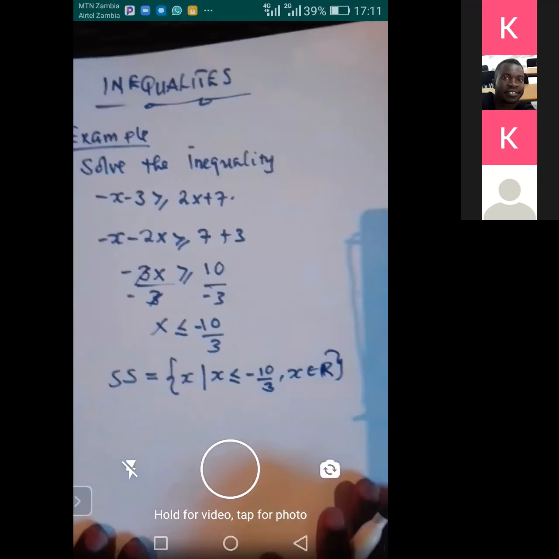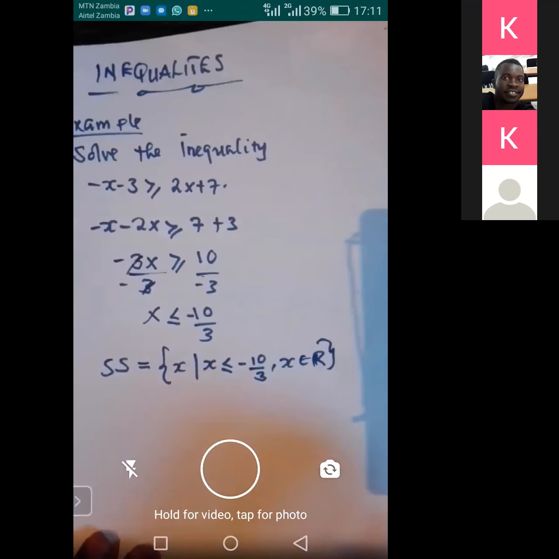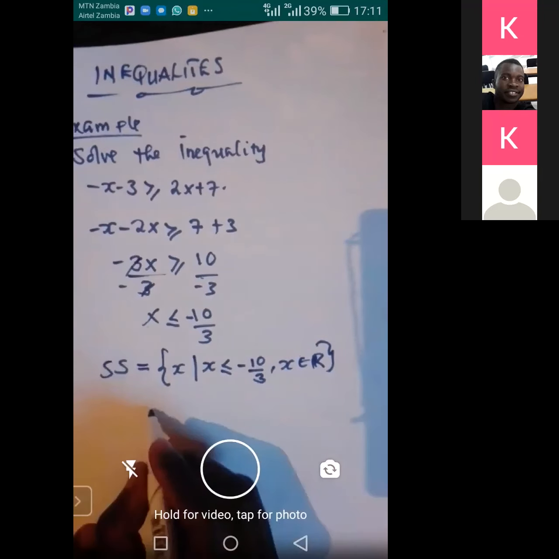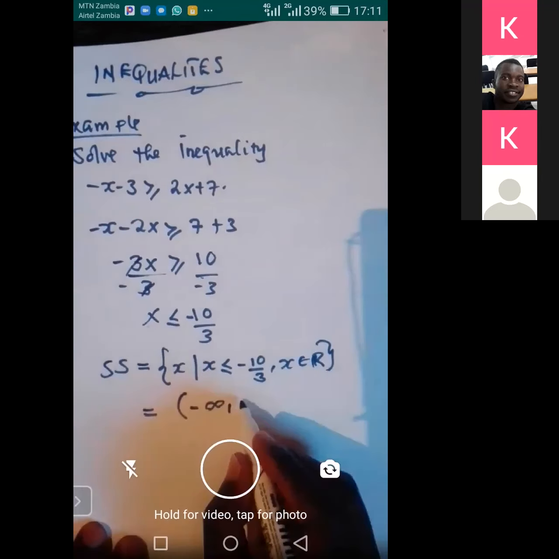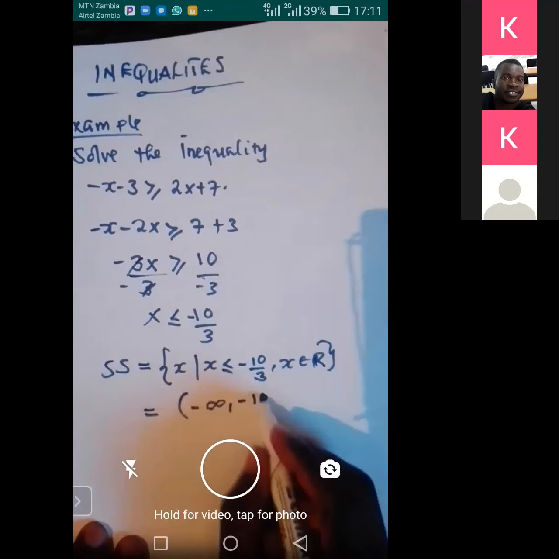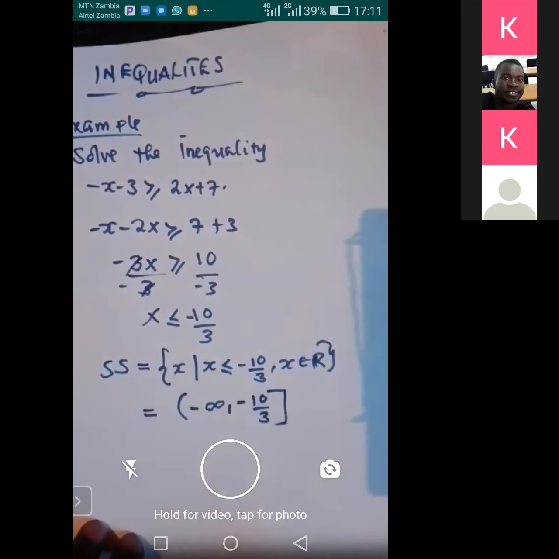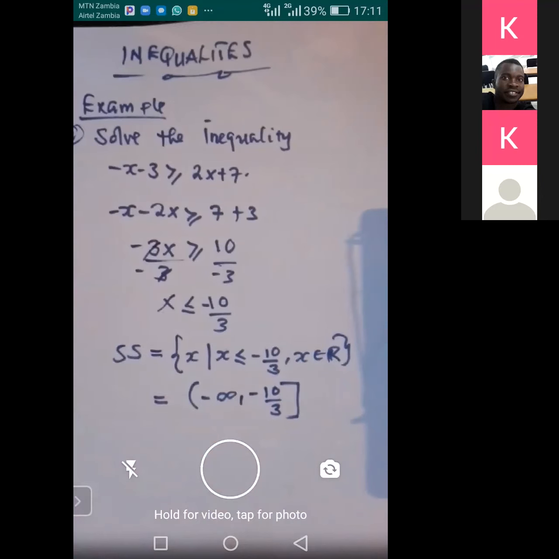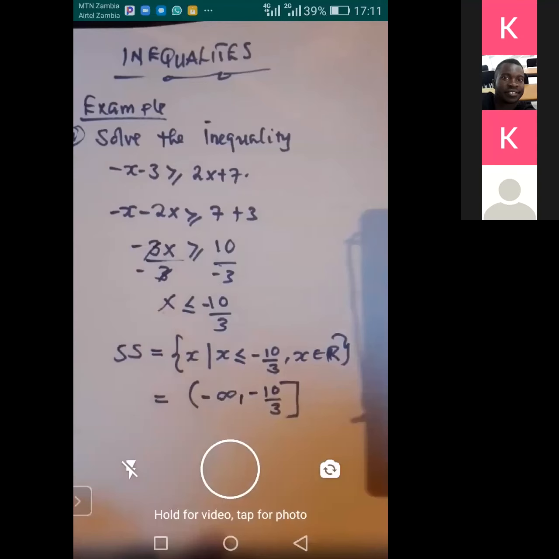Which is equal to minus infinity all the way up to minus 10 over 3 inclusive. So that will be the solution set for this inequality. I'm sure that's clear enough. Yes, sir.